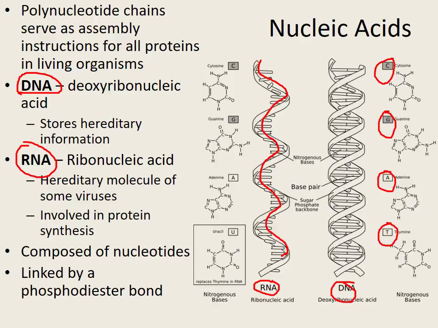Now, what makes up an RNA molecule? Well, we have C, G, A, but instead of T, we see a U here. And that's going to be very important when we discuss protein synthesis. The subunit of nucleic acids is known as nucleotides, and the link between these nucleotides is a phosphodiester bond.